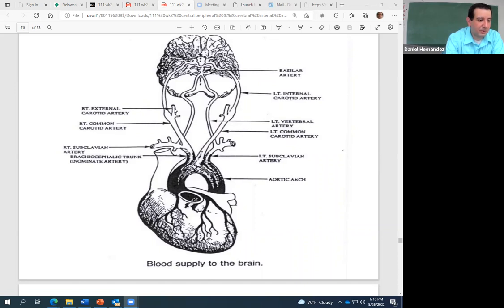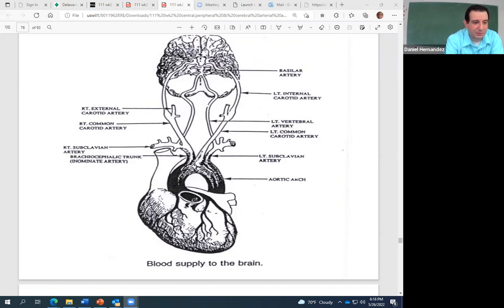This is the right external carotid artery, which supplies some of the muscles of the face. Off of that right subclavian, we have the right vertebral artery, which goes up and perfuses the posterior aspect of the brain, so things like the cerebellum. On the left, the common carotid artery splits into the external carotid and then the internal carotid artery continuing up to the brain.